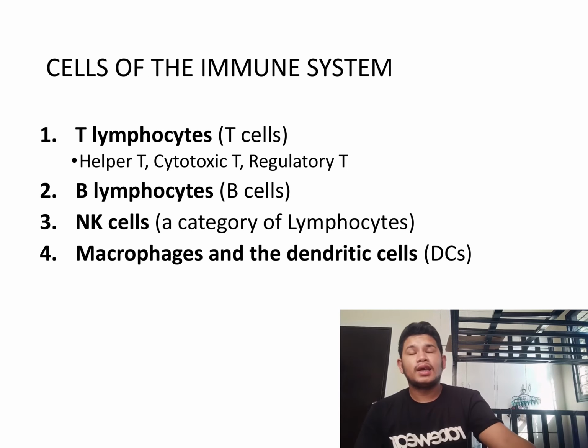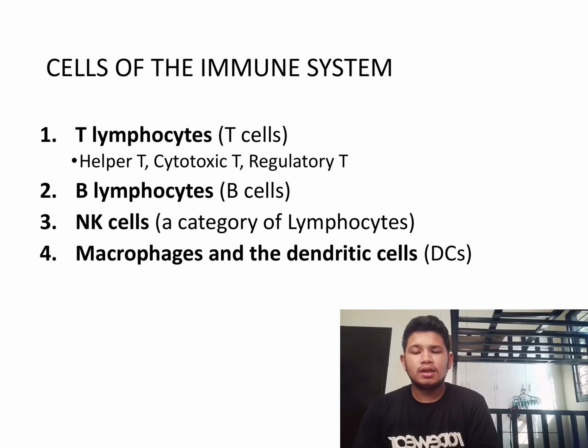Types of T cells: Helper cells release cytokines. Cytotoxic cells destroy usually infected, foreign, or tumor cells. Regulatory cells serve as a brake on the immune response.